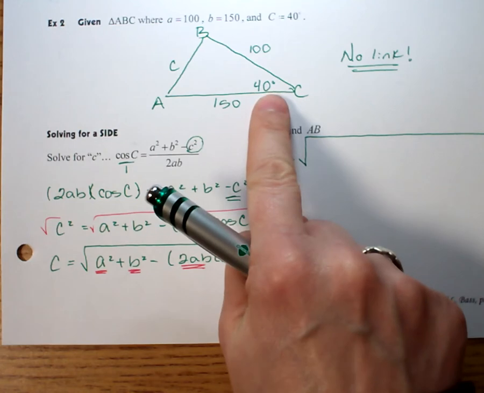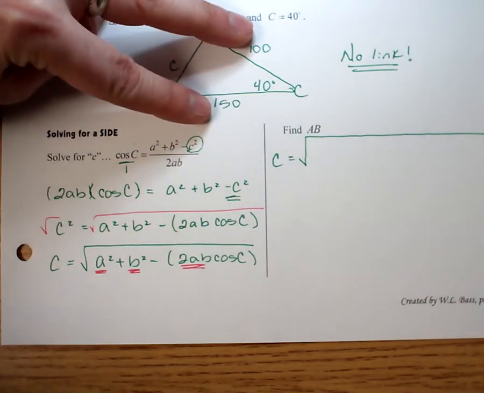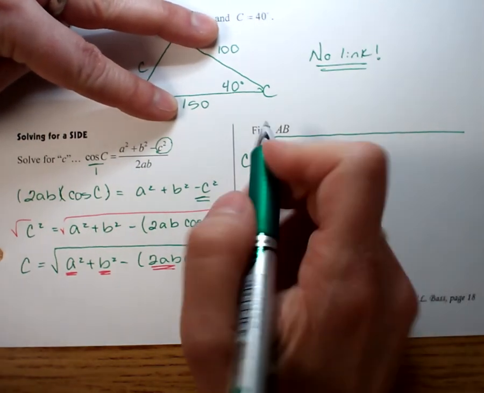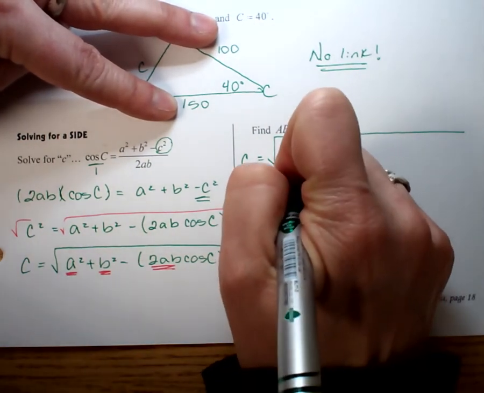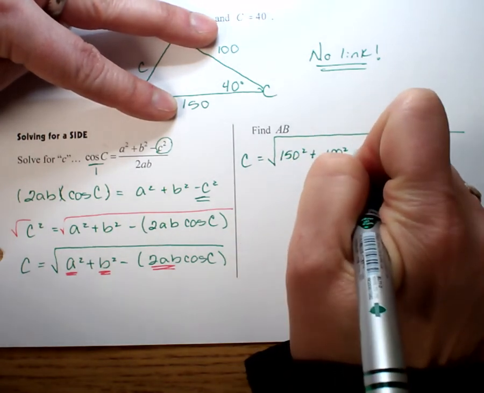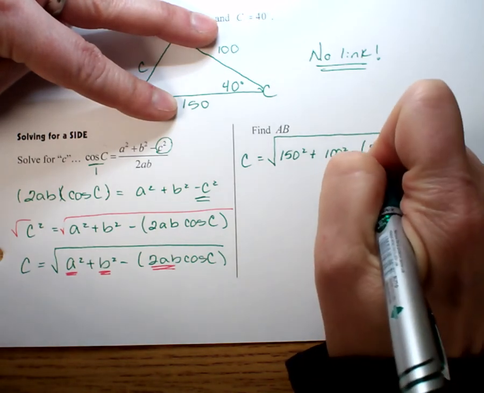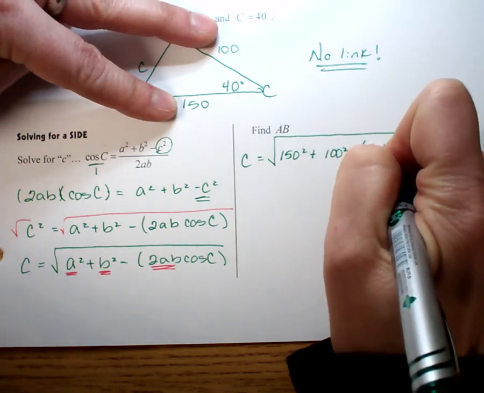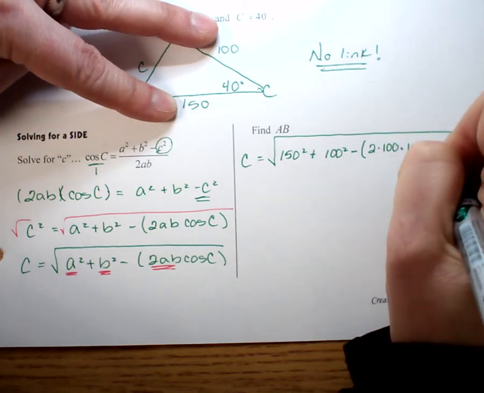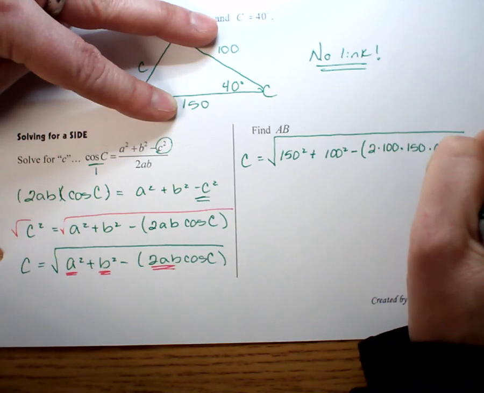So here's the angle C. Grab it, take your P fingers, put it on each side of angle C. So that means that we are going to do 150 squared plus our 100 squared minus our 2 times our 100 times our 150 times our cosine now of that angle that we're looking at.